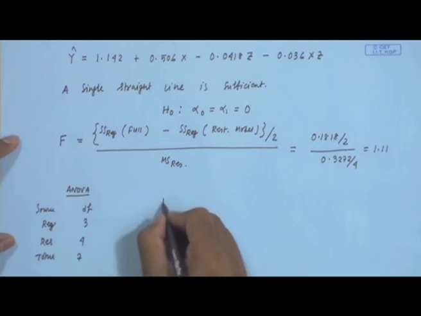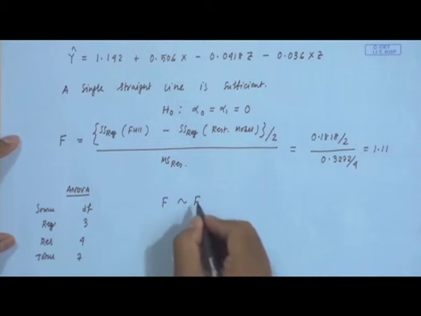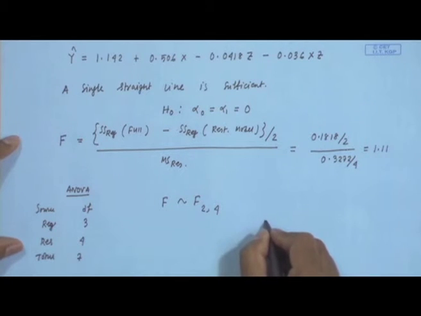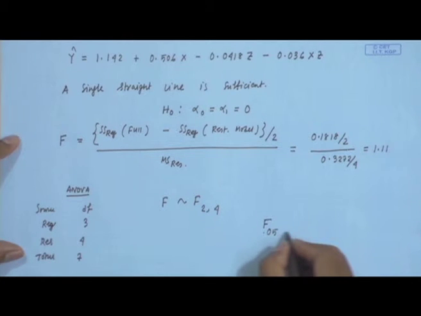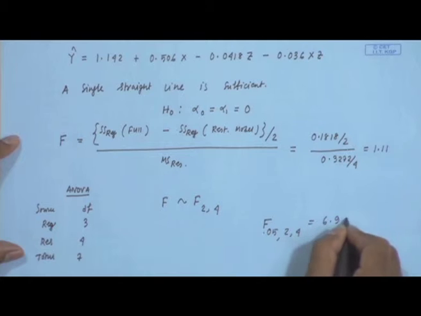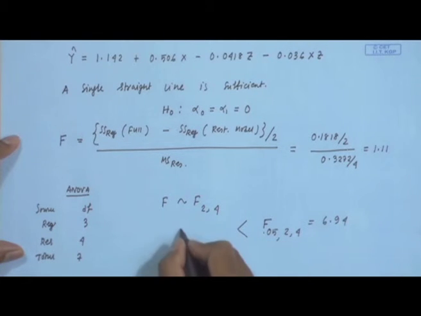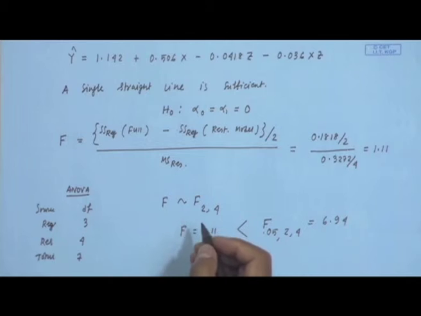Now, this F has degree of freedom 2, 4. Now, just check the tabulated value of F 0.05, 2, 4, which is equal to 6.94. So, my observed value F, which is equal to 1.11, is smaller than this one. That means, H naught is accepted.